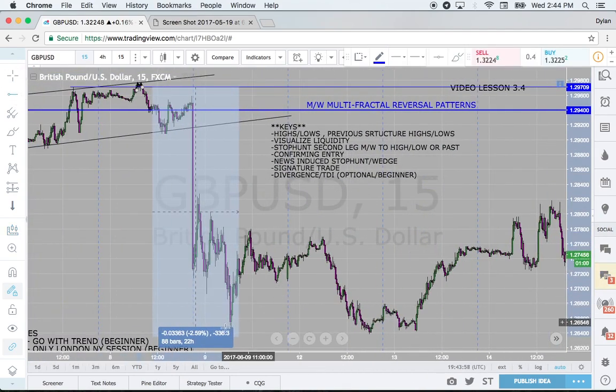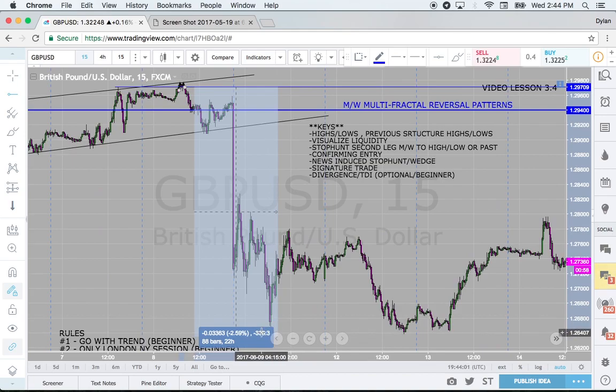low was formed after that volatile drop.